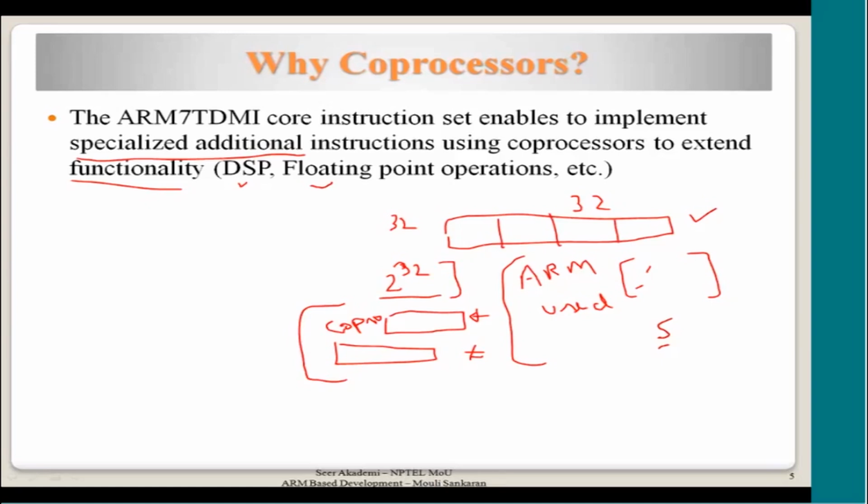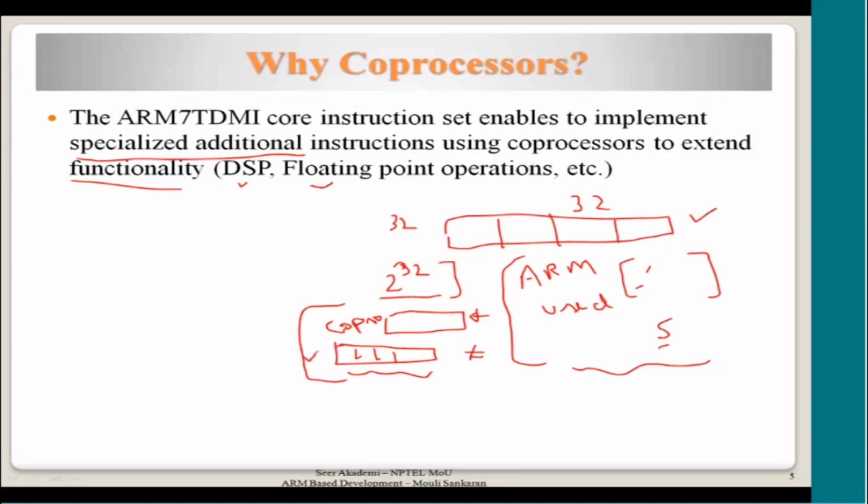In this talk we are not going to talk about what is inside the coprocessor instruction. The only thing you should remember is that this coprocessor instruction combination is different from what ARM has already reserved for its own instructions. Okay, that is enough. Then we will see how a coprocessor is connected with the ARM, and what other signals are exchanged between the ARM core and the coprocessor.